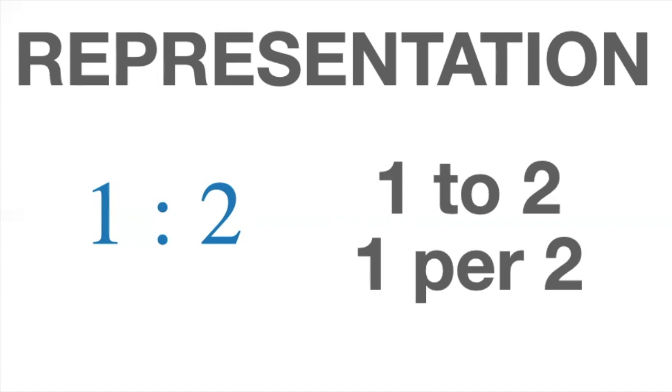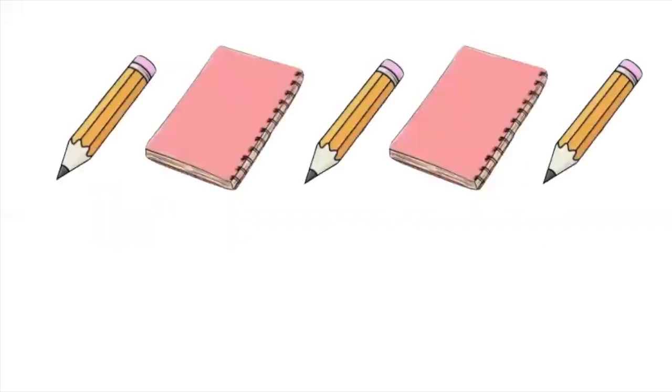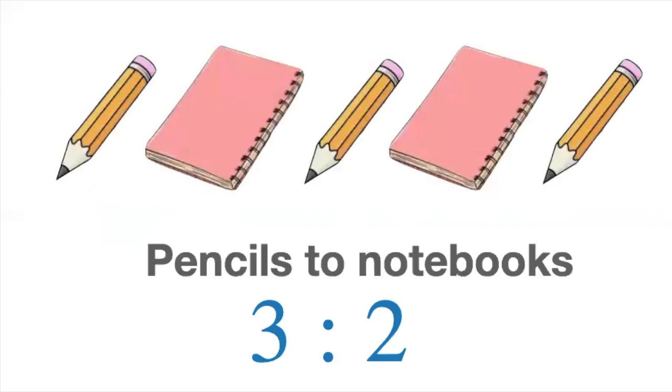Let's have an example. This means we have to compare the pencil and the notebook. And you can say that it is 3 to 2, in terms of the number of pencils to the number of notebooks.